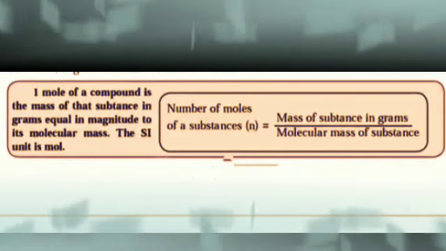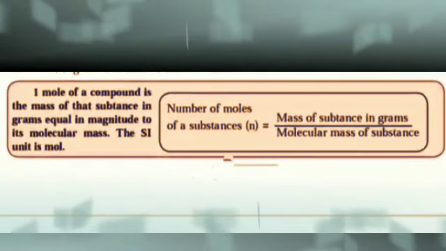When elements and compounds take part in a chemical reaction, it is their atoms and molecules that react with each other, and therefore it is necessary to know the number of their atoms and molecules.